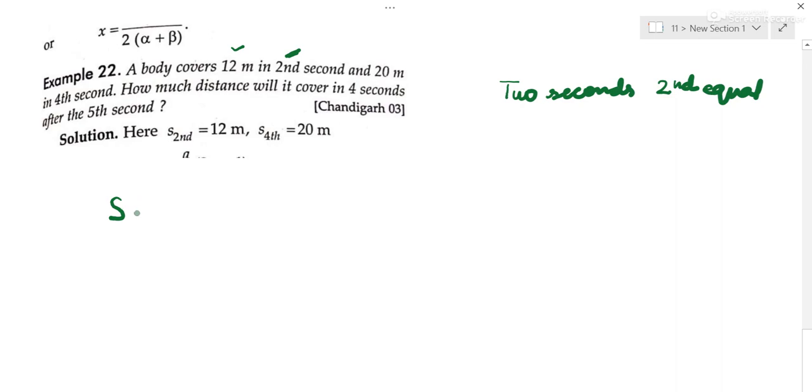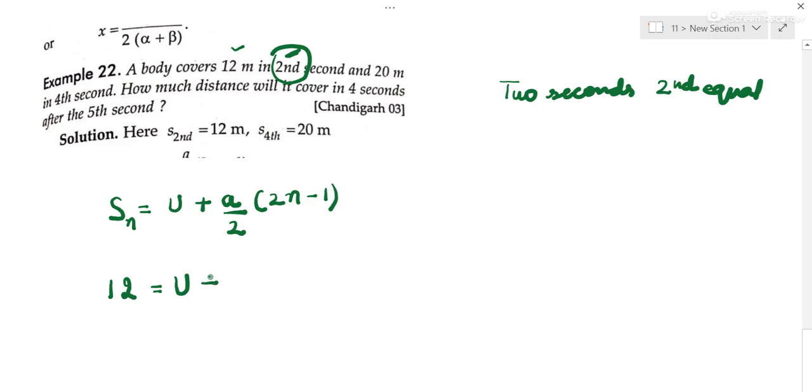That is S is equal to, or Sn equals u plus a by 2 into (2n minus 1). So n is here 2 seconds. So we'll substitute. Distance is 12. Initial velocity is u. Acceleration is a. And n is given as 2.